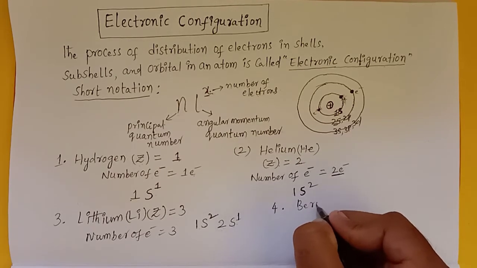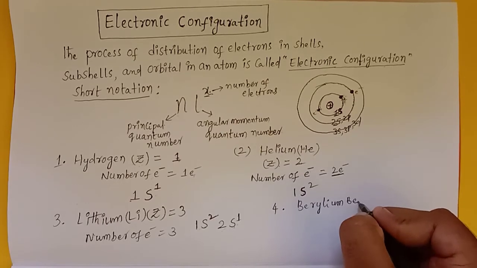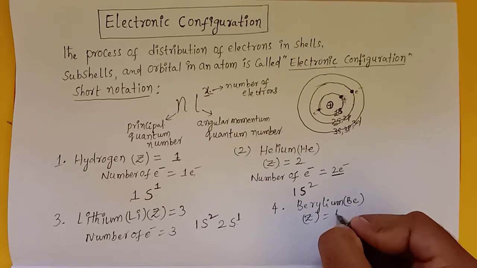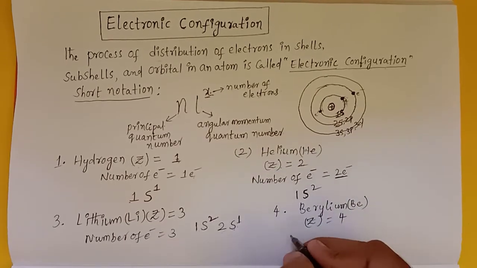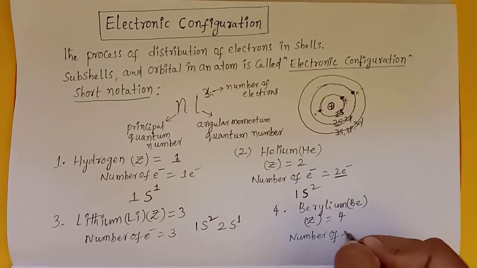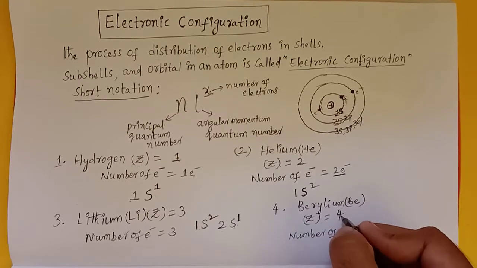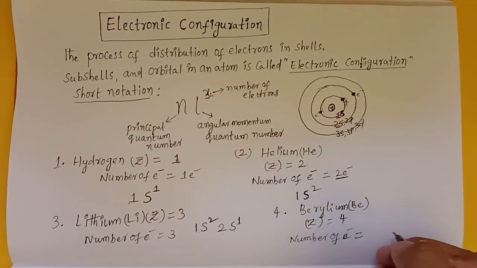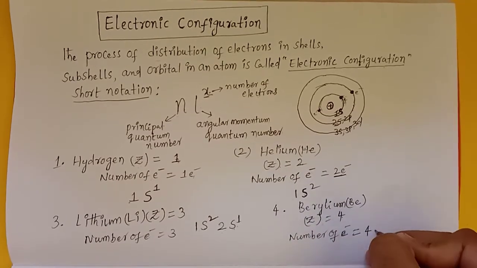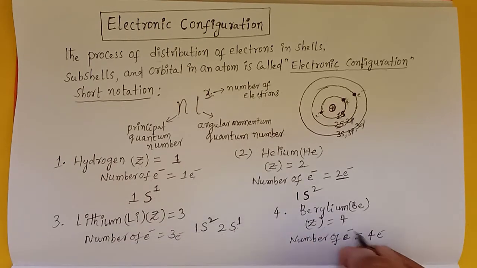Next, fourth element, let us discuss the fourth element here. What is the fourth element? Beryllium. What is the symbol for beryllium? Be. And what is the atomic number of beryllium? 4. And what about the number of electrons? Generally atomic number equal to 4. Atomic number ఎంతైతే ఉంటుందో number of electrons కూడా అన్నే ఉంటాయి. So 4 electrons are present in beryllium.